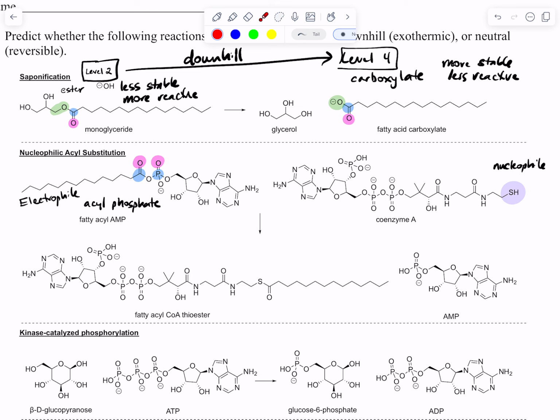If you're struggling a little bit, pay attention to the products and see if you can figure out what the leaving group was.